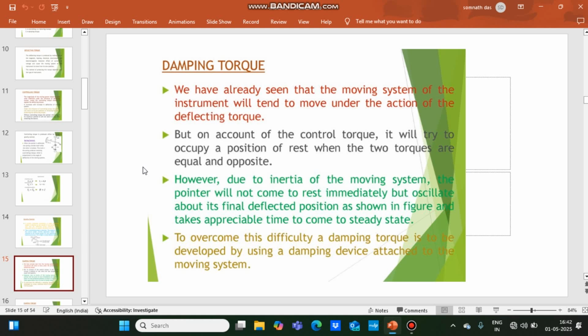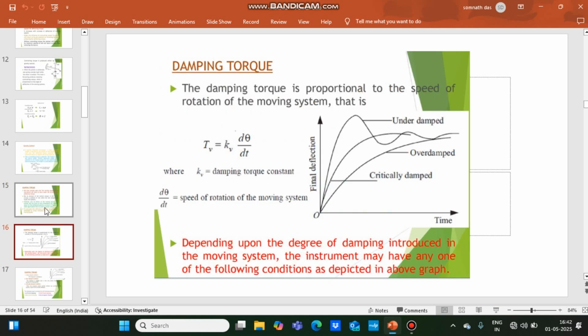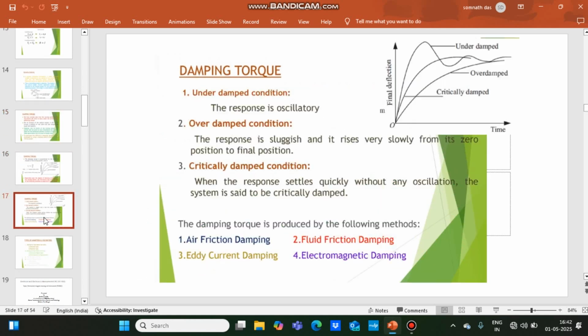Damping torque is provided in different ways. Four types of damping systems are there. One is air friction damping, fluid friction damping, eddy current damping, and the fourth one is electromagnetic damping.